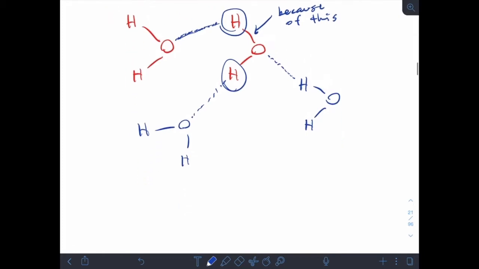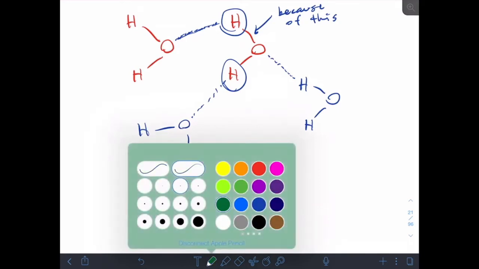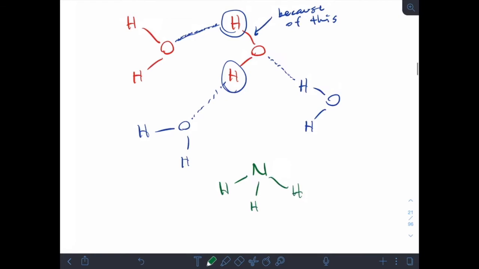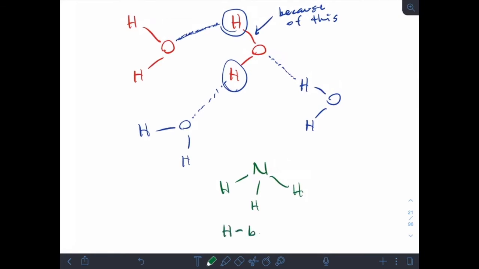Now, anything that can do hydrogen bonding can hydrogen bond to anything else that can do hydrogen bonding. So let's say, change some color here, let's say I've got some ammonia. Right? I've got a hydrogen bonded directly to a nitrogen. So this one can do hydrogen bonding.